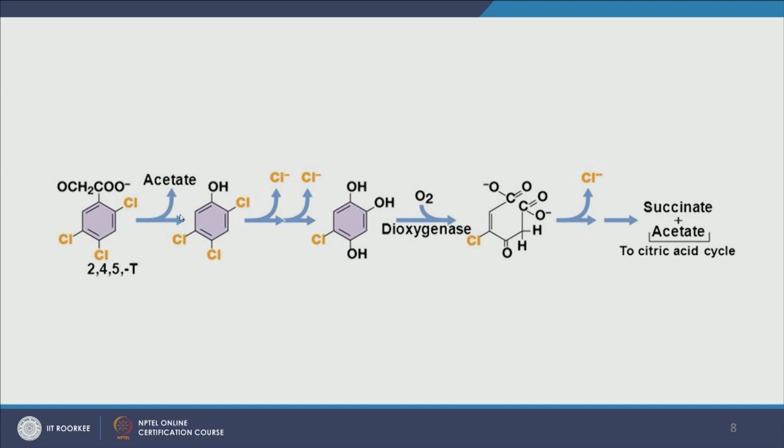This is catalyzed by enzymes, and then it loses 2 of its chlorines, which are replaced by OH. Then a dioxygenase enzyme comes in. What it does is, dioxygenase, as the name suggests, it will add 2 oxygens. So one oxygen is attached here, one oxygen is attached here, and when that happens the ring breaks. So this carbon, instead of attaching to this carbon, is now attached to oxygen.